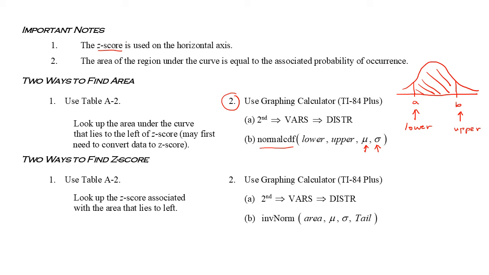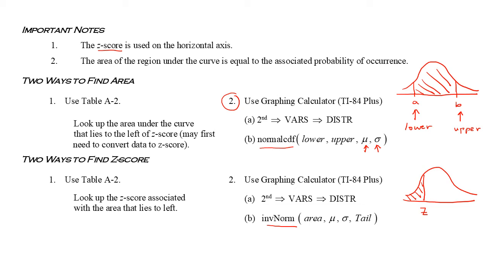So oftentimes we'll also be looking for z-scores. So in other words, if I'm given a particular area, say I want to find the z-score that goes with a particular area, then we'll use the inverse norm function on our calculator.